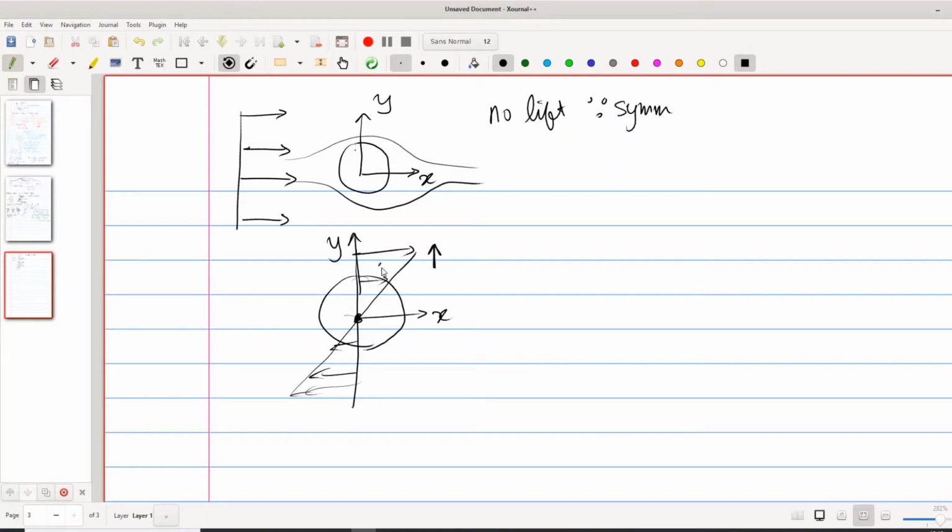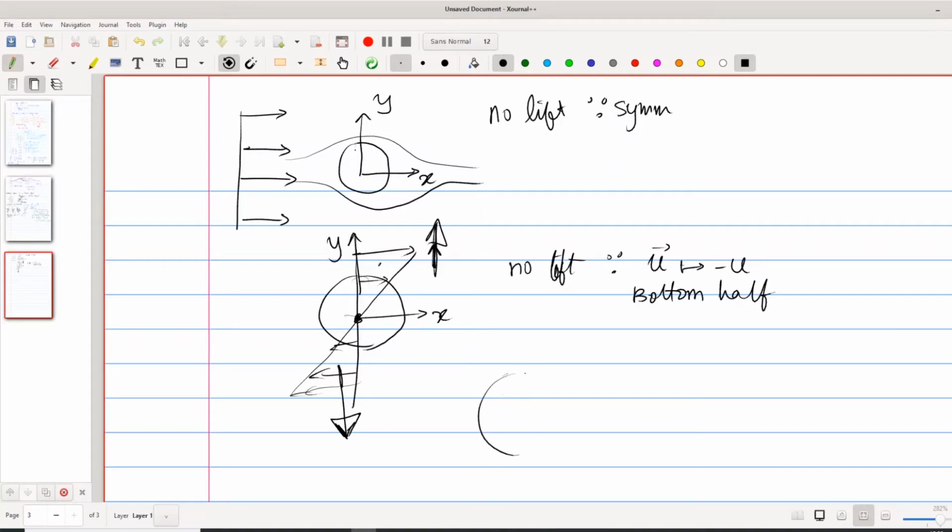And like we have seen in the first example, if the velocity is minus of this, then the lift will also be minus of this. So if there is a lift in this direction on this top surface, there must be a lift on the bottom surface in this direction. And they must be identical, otherwise we will violate symmetry. So there will be no lift, because of this symmetric condition where u is substituted by minus u on the bottom half, nullifying whatever lift there could be from the top half. Hence, linear shear also causes no lift.